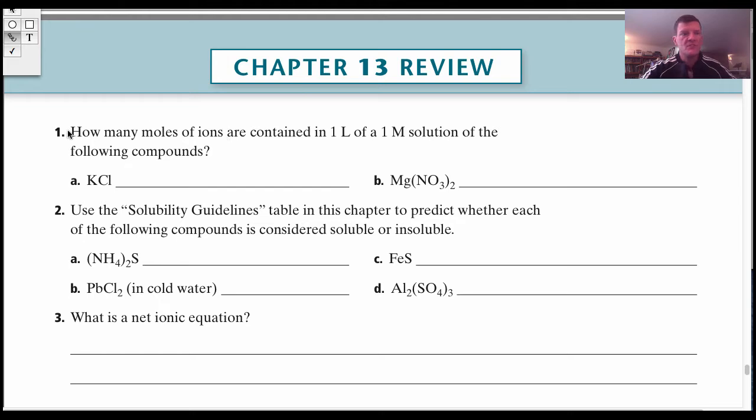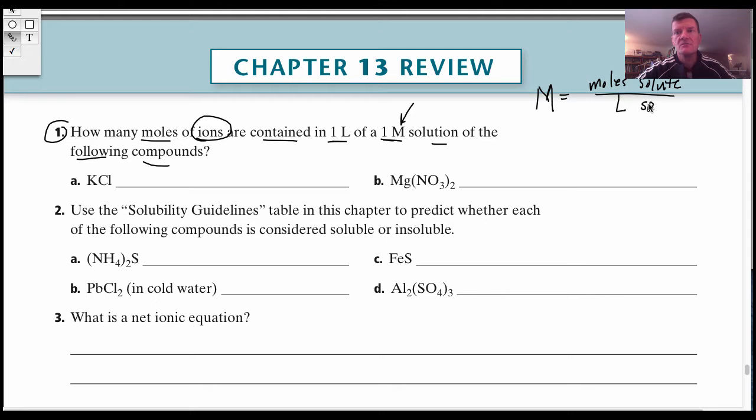All right, the first question, number 1, says, how many moles of ions are contained in 1 liter of a 1 molar solution of the following compounds? Well, notice here we have 1 capital M, that's molar, that's molarity. And if you remember, molarity is moles of the solute divided by liters of the solution.